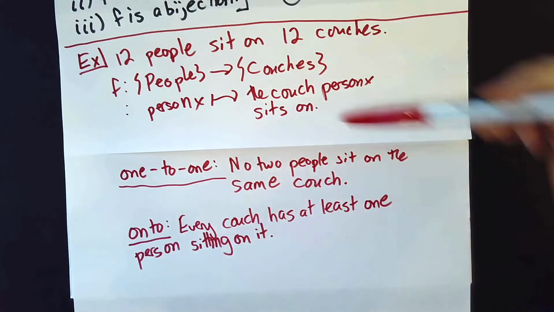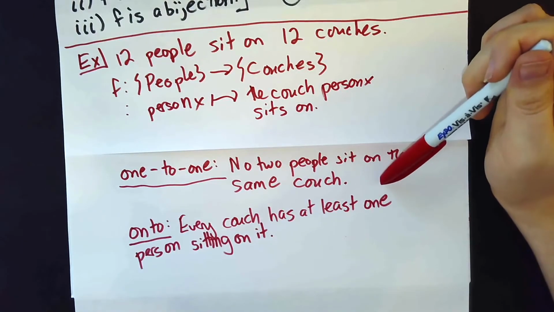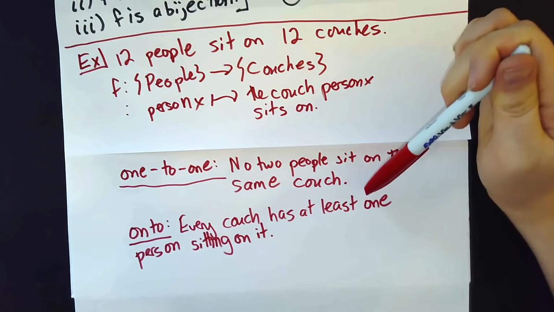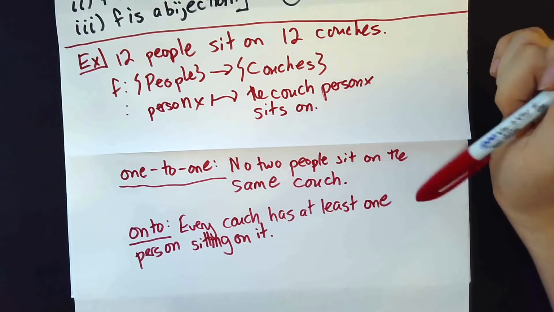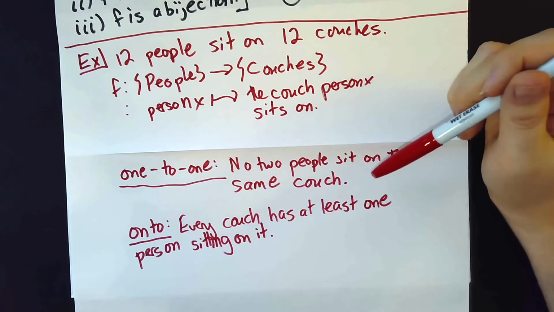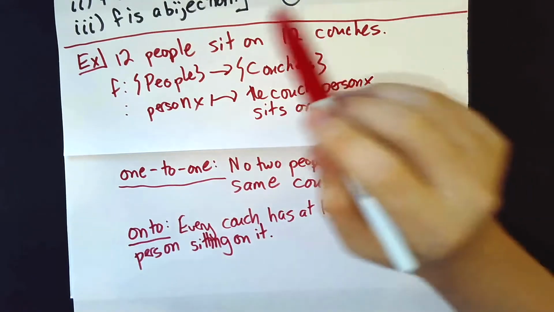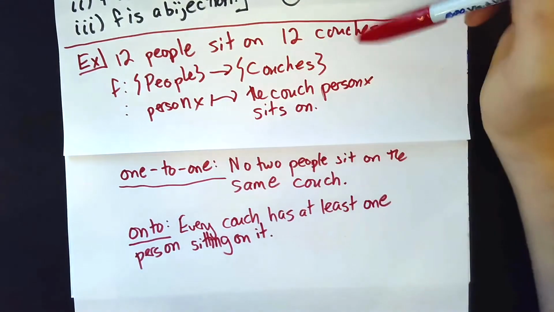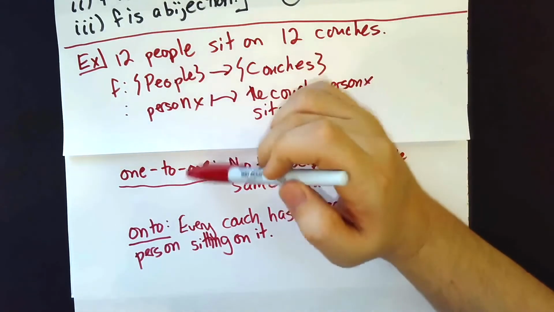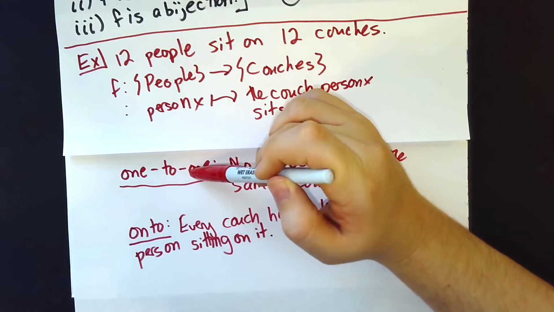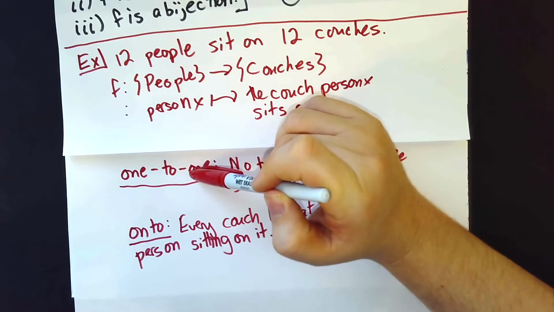Likewise, if I know no two people are sitting on the same couch, then it has to be that someone's sitting on every couch. Because if only one person's on each couch and there's 12 people, they have to take up 12 couches. And so in this very specific instance, knowing that the function is onto, or knowing that it's one-to-one, actually convey exactly the same information.